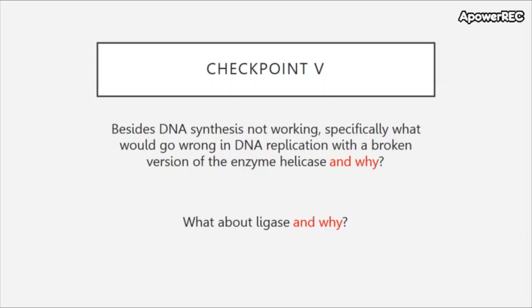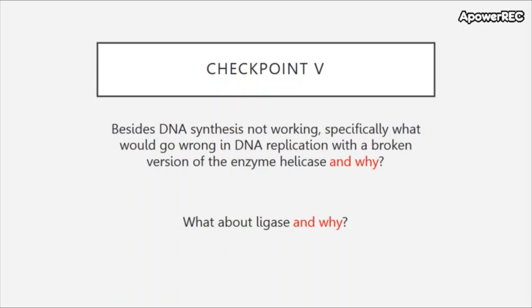This brings us to our last checkpoint, checkpoint 5. Besides DNA synthesis not working, specifically what would go wrong in DNA replication with a broken version of the enzyme helicase, and why? What about ligase, and why?